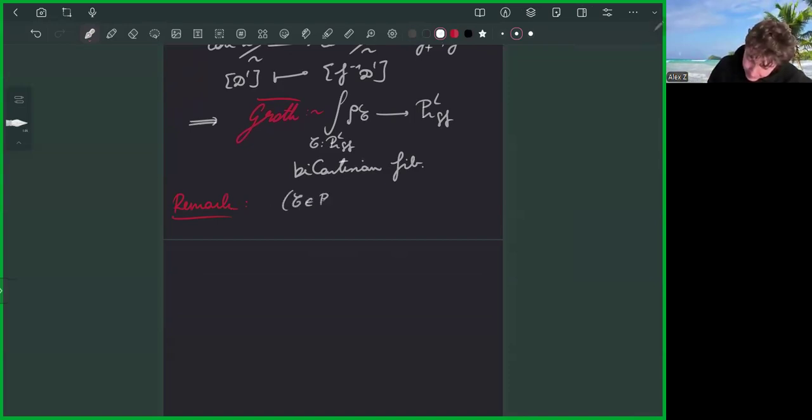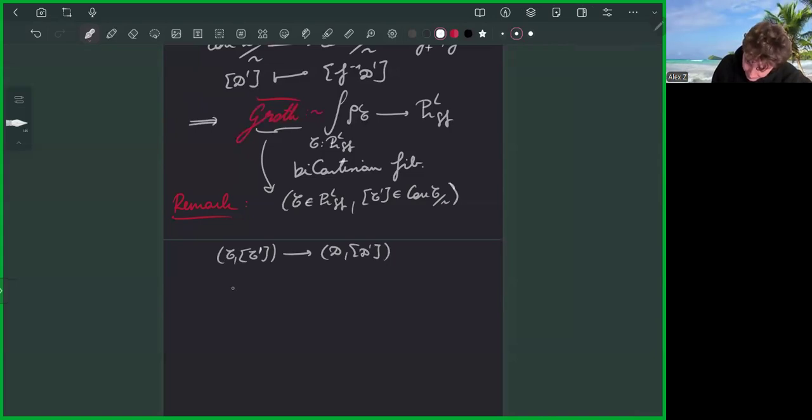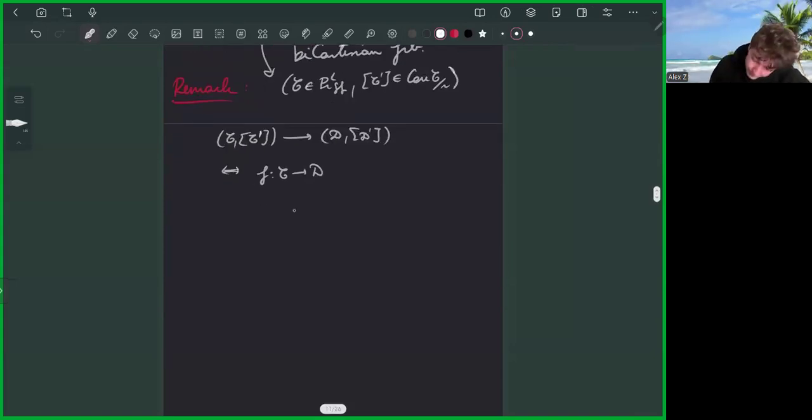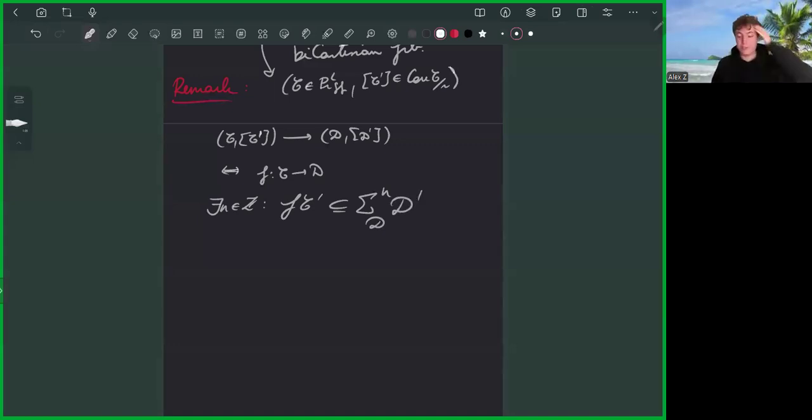The objects in here are pairs of C in PRLST and an equivalence class C prime in the core of C modulo equivalence. And a morphism from here into there is simply a morphism F from C to D in PRLST, such that there exists an n in Z such that F of C prime is a subcategory of the n-fold suspension of D prime.